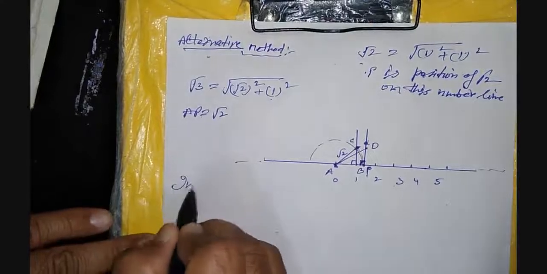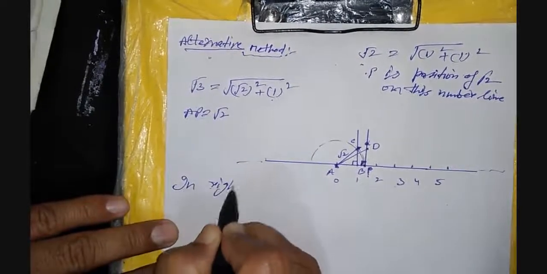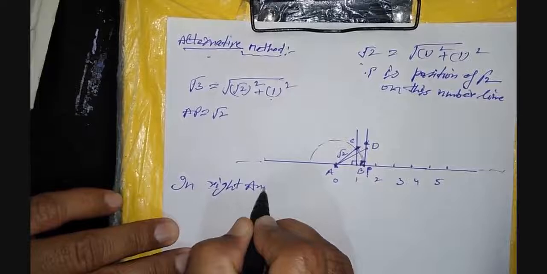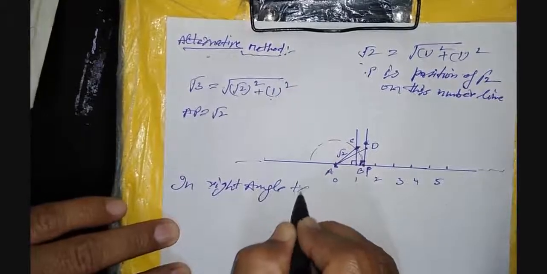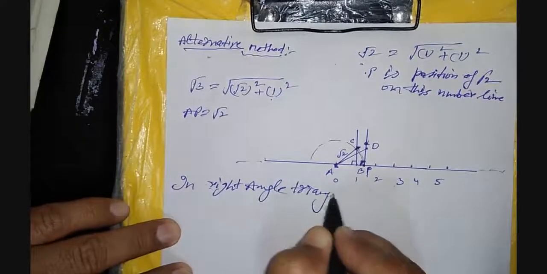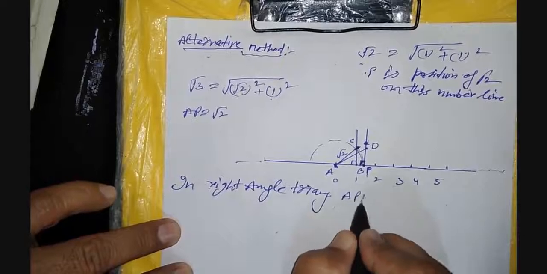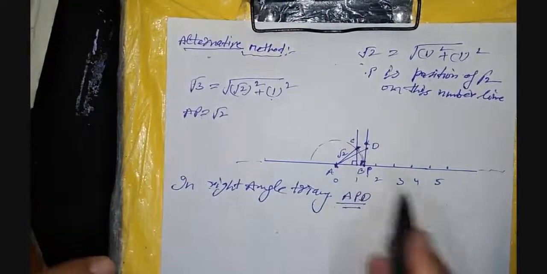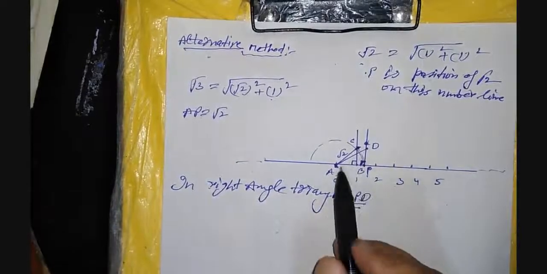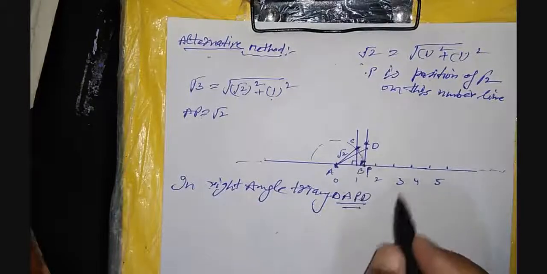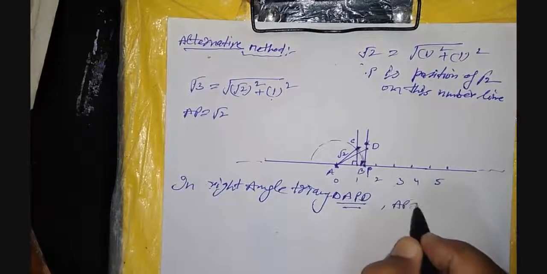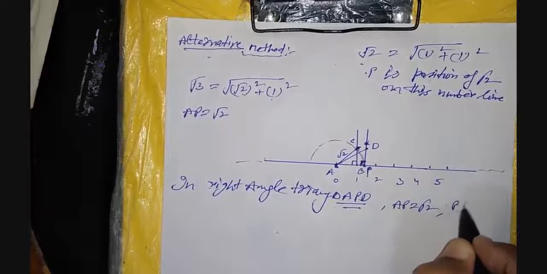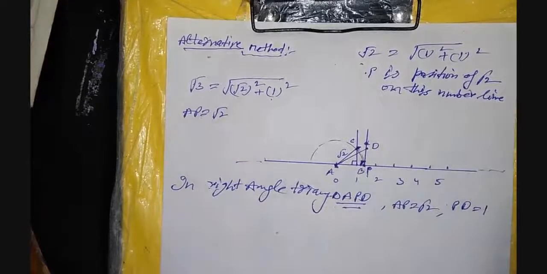In right angle triangle APD, AP is root 2 and PD is equal to 1 unit.